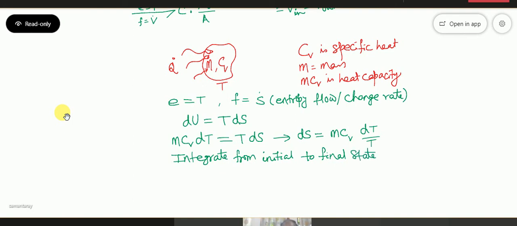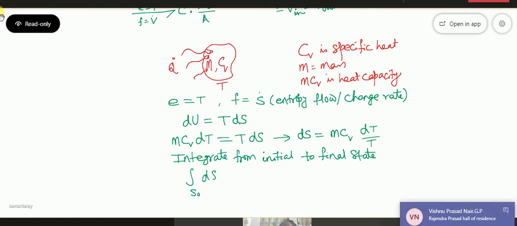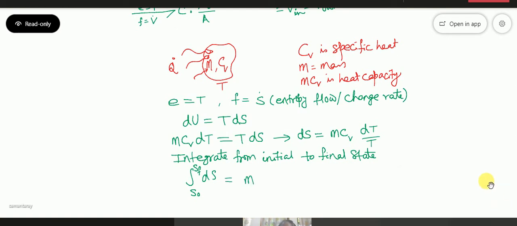So we will integrate both sides as usual. I integrate dS from some S naught to S final, equal to MCB, constant, we take out, dT by T from some T naught to T final.